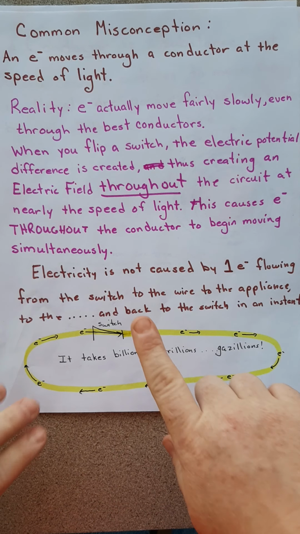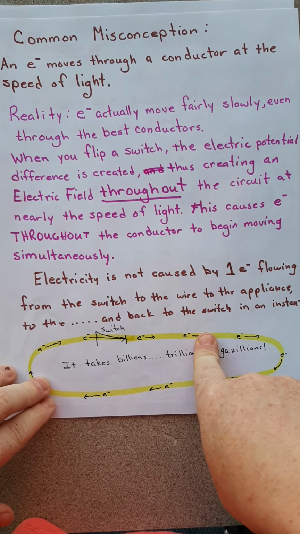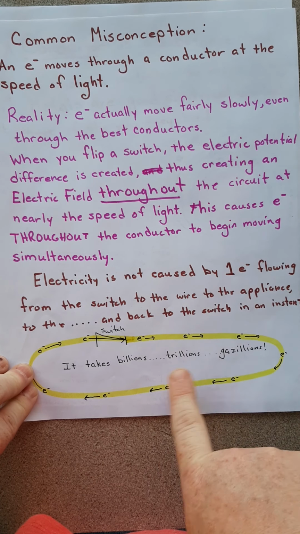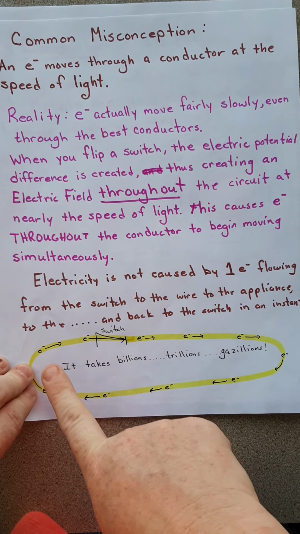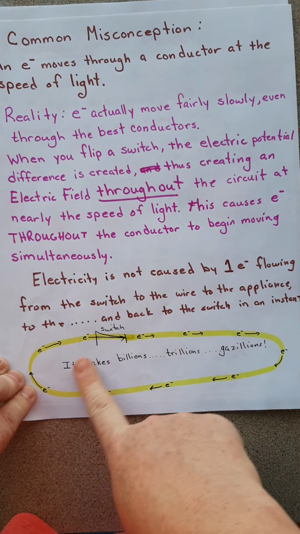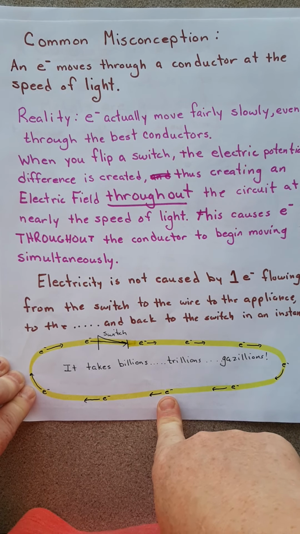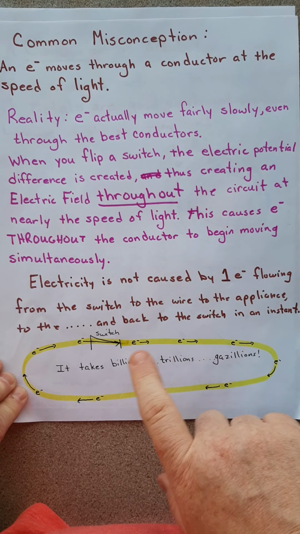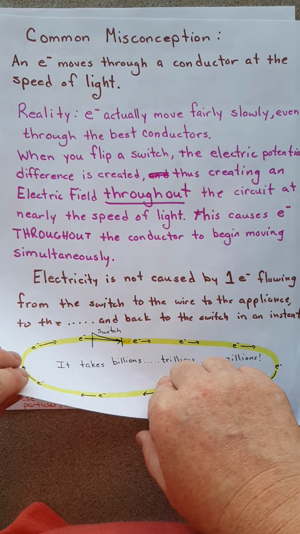So one electron near the switch starts to move at the same time another one a foot down the wire starts to move, and near the light bulb starts to move. It takes billions, trillions, gazillions of electrons all moving at the same time for electricity to flow, for us to run our appliances.